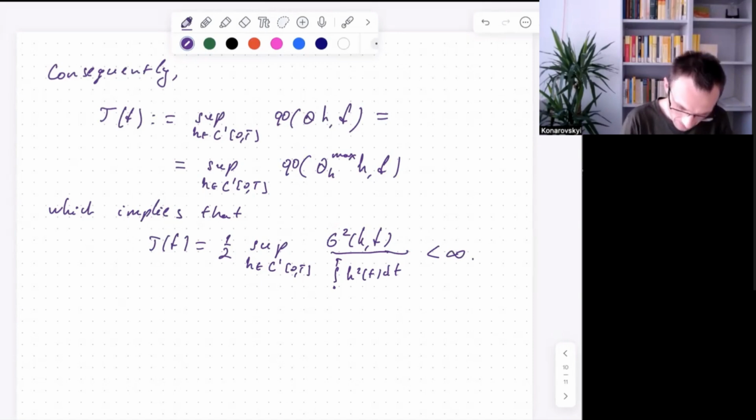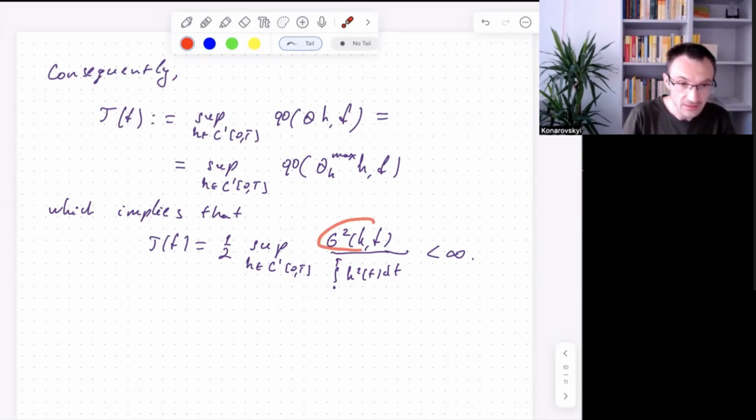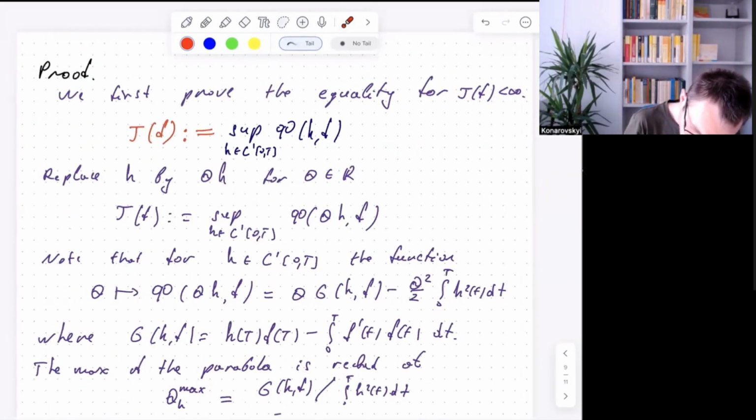And now this equality which we have here is much better. And let me explain why. Because look, what actually you see here. Here you see the L2 norm of the function h with respect to which you compute the supremum. And here you see g square, but this g which is here is linear with respect to h.